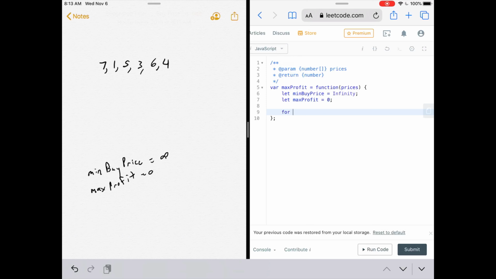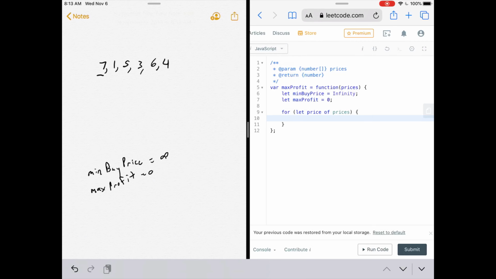Okay, so we need a for loop. For let price of prices. Price will just symbolize whichever stock we're on. Now we'll check, is the price of the current stock we're on lower than our minimum buy price?